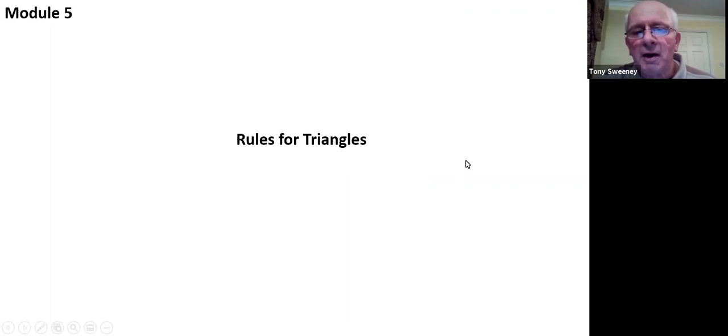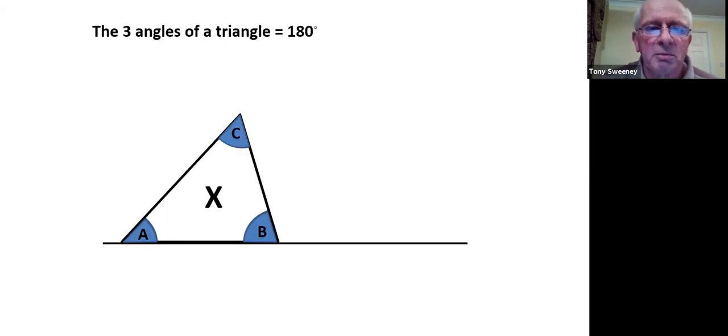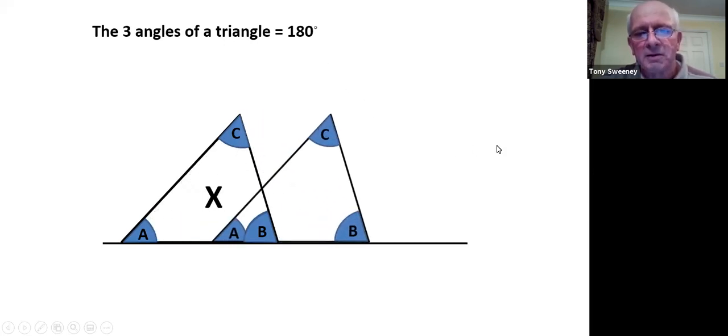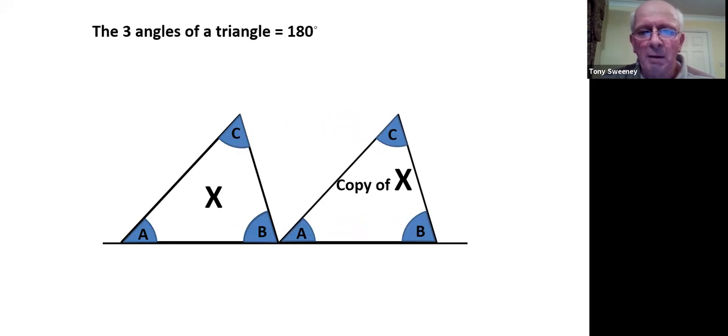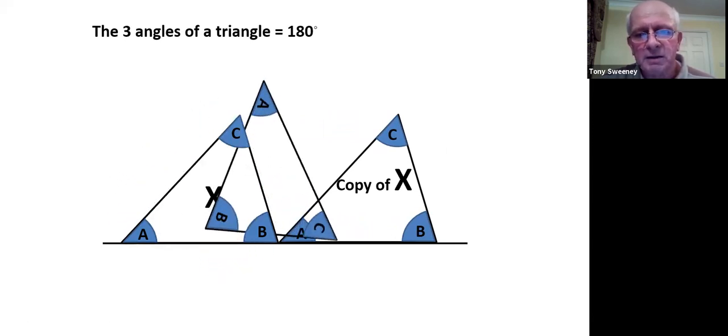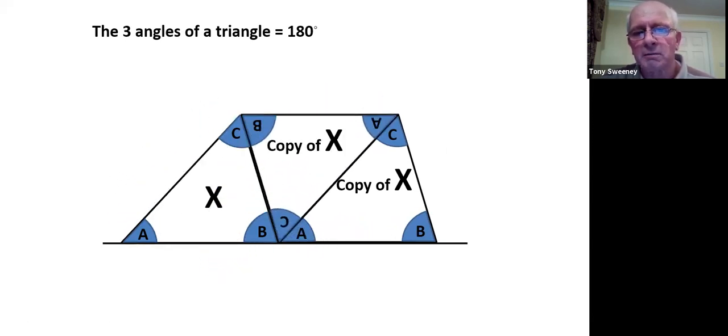Yeah. This is module 5, rules for triangles. These are also called theorems. And the first one, a very important one, is the three angles of a triangle add up to 180 degrees. So I make a copy of that triangle and I get this one and I turn it upside down.